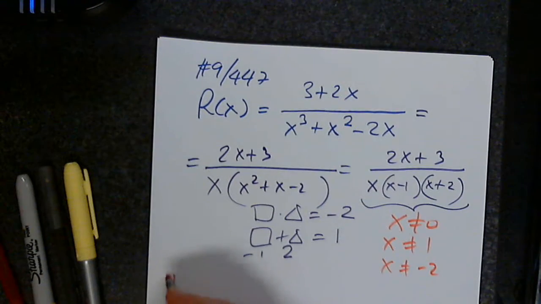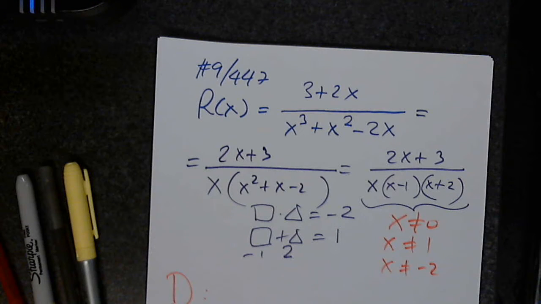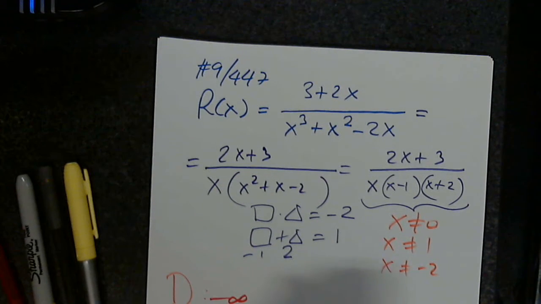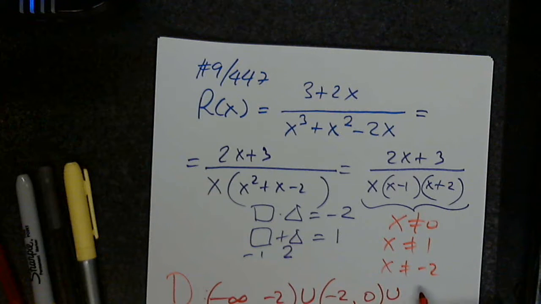Now I want the domain. We needed to know the restrictions before finding the domain. So here it is. Negative infinity to negative 2, union negative 2 to 0, union 0 to 1, union 1 to infinity.